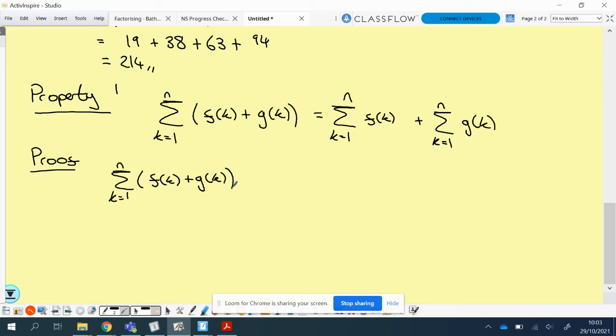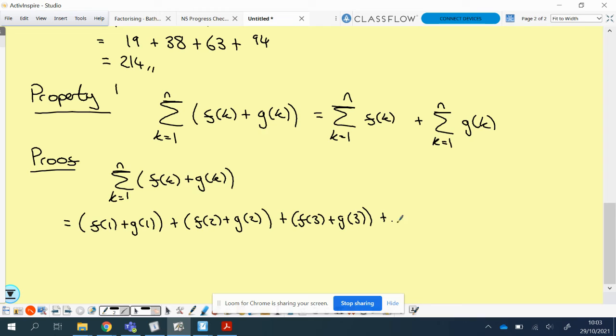What that will look like is f of 1 plus g of 1, that'll be my first term, plus f of 2 plus g of 2 in my second term, plus f of 3 plus g of 3, plus all the way up to f of n plus g of n. That's what that would look like if I put in the values from k equals 1 all the way up to k equals n.